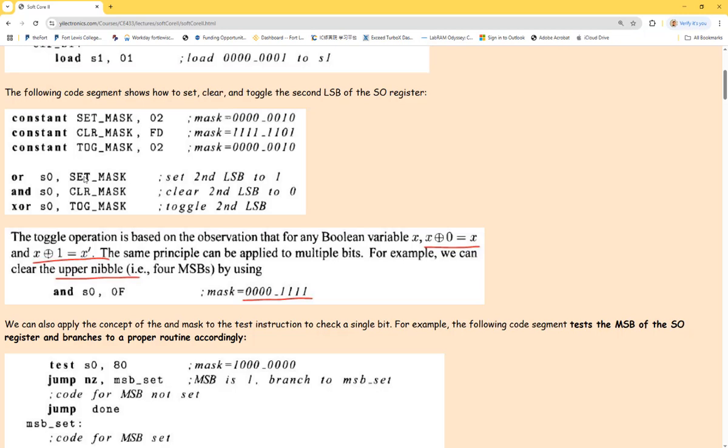So if you're reading the question from the in-class answers from the paper, it's asking you to send the result to S0. Do you need to send it one more time to S0 or no? No, it's already updating S0. So you just need one line, right? If it's asking you to toggle that bit, you just need to do an XOR operation, and you know if you XOR with 1, it's toggling that bit.